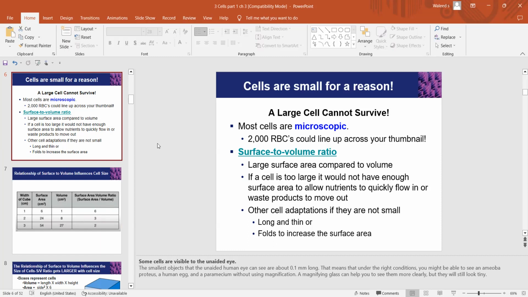Okay, it is like if you have a box that is big, and the inside of this box is trying to communicate with the outside, and it's full of things. It cannot communicate well because it's too big. But if I make it into smaller pieces, it will have larger surface area.